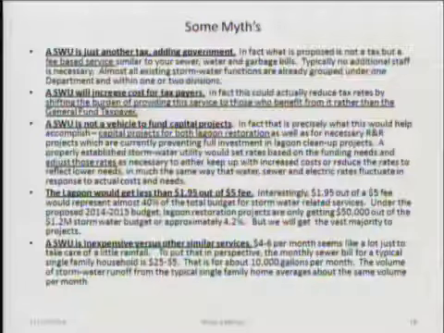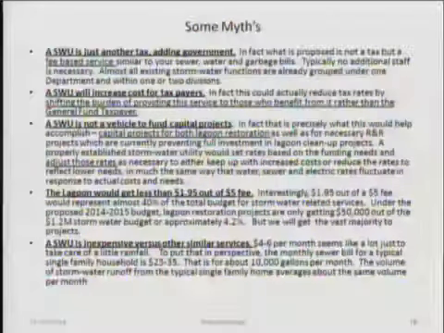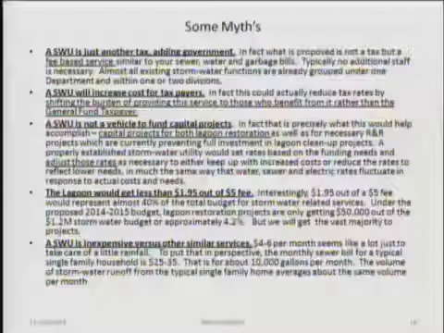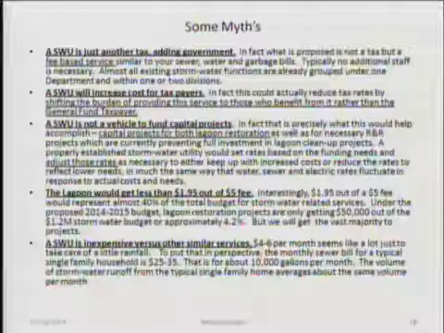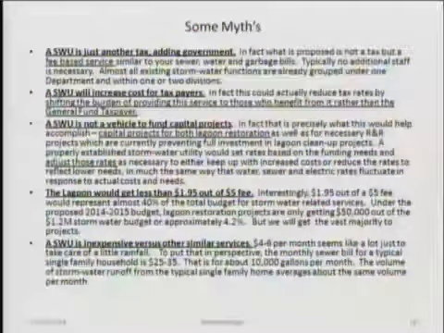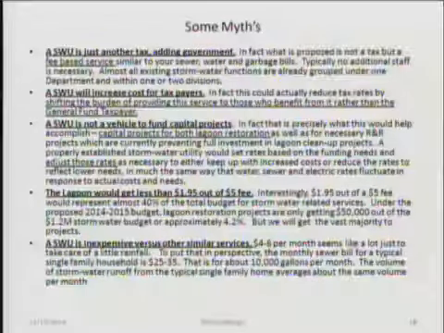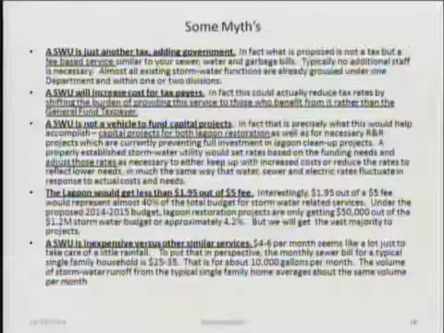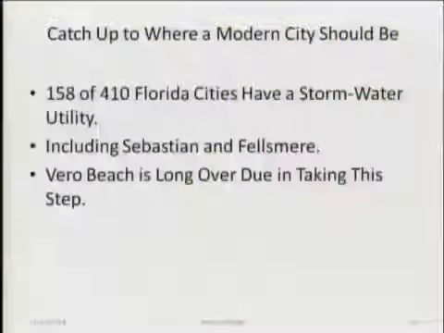The volume of stormwater runoff for the typical single-family home averages about the same volume per month. I realize there are months very high and very low. So we're talking about taking the sewage away for $25 to $35 and taking the water that is being dumped into the streets and in the environment for $4 to $6. I think that's a pretty good bargain.